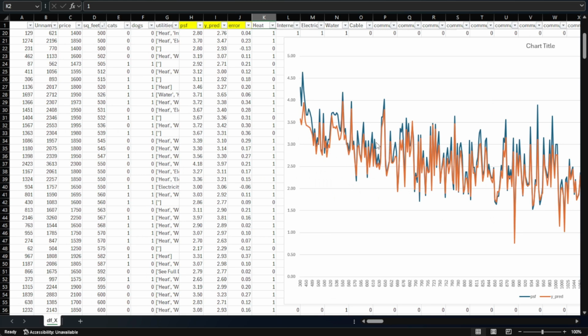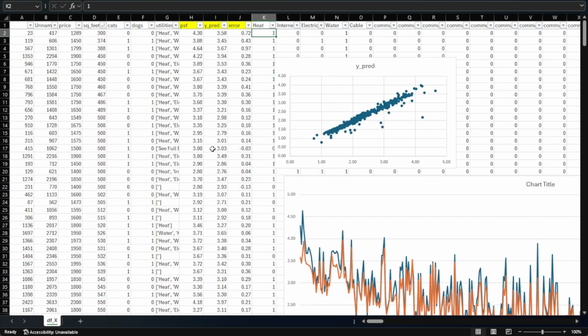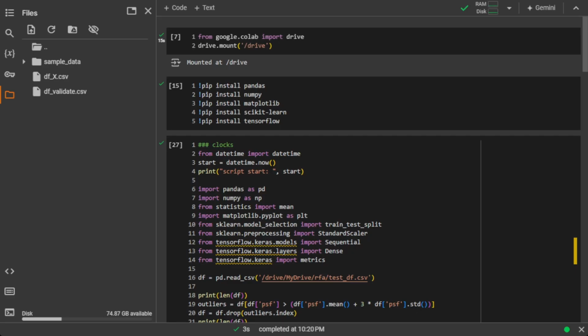So this has been our little deviation from Python. So let's jump back into the Colab environment. Okay, so we've been through the AI portions of the modeling process front to start.